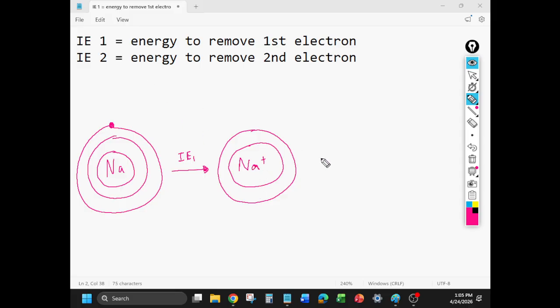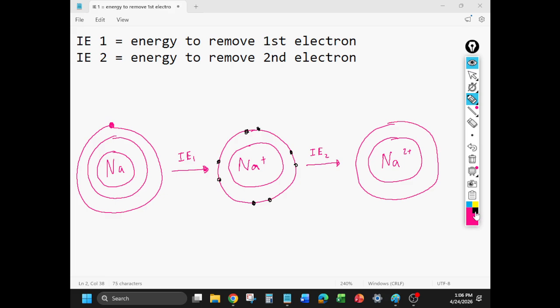Okay, IE2, the second ionization energy, is pretty simple. It's just how much energy it takes to remove another electron from that. So Na+ has 8 electrons in the second shell. Basically, how much energy does it take to remove one of those electrons? If you remove a second one, it'll become Na2+. It'll still have 2 shells, but the difference is there will be 7 electrons on the second shell.